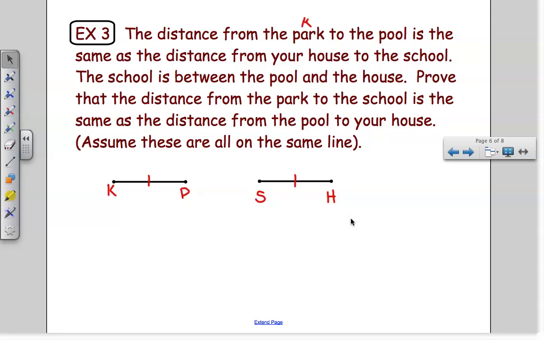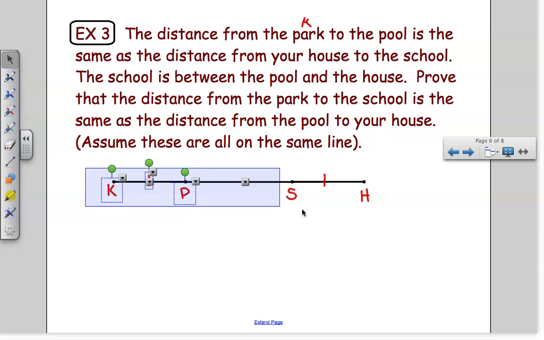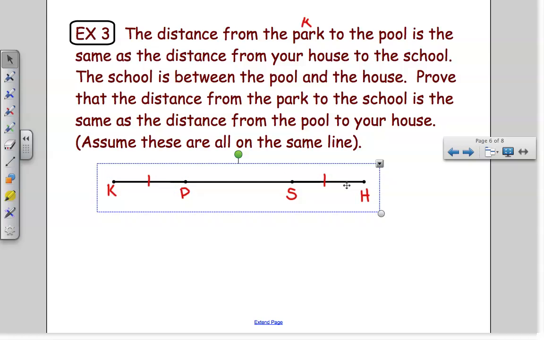And they're all on the same line, so we'll get this to work here. I don't think I know any relationship here between the distances from the pool to the school. Alright. I'm going to group this all together, and I think that looks good.